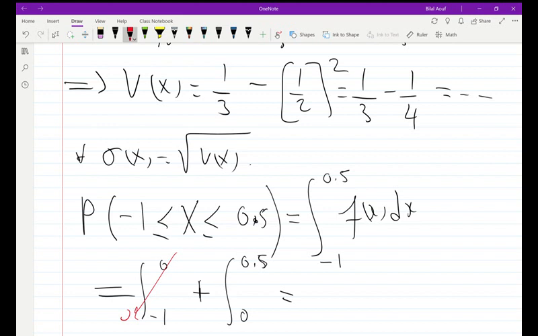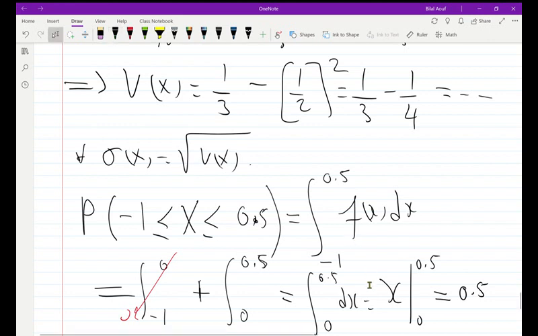Between 0 and 0.5, f(x) equals 1, so the integral of 1 dx is x, between 0 and 0.5, which is equal to 0.5. So this is a simple, straightforward example of how to calculate the probability.